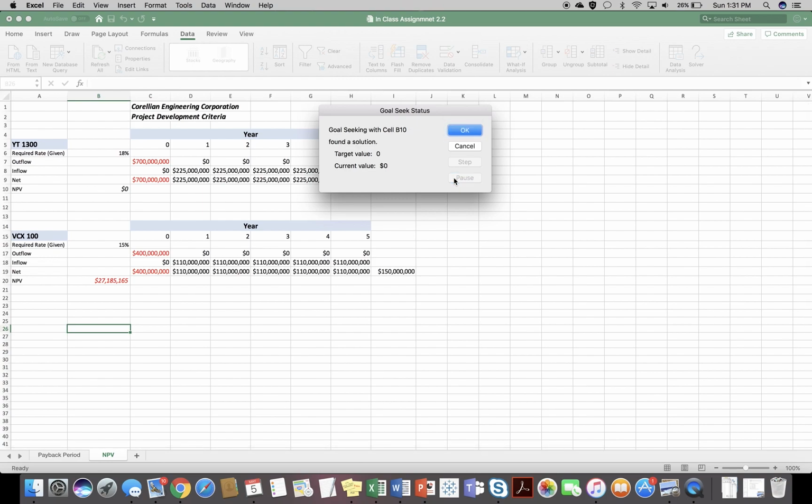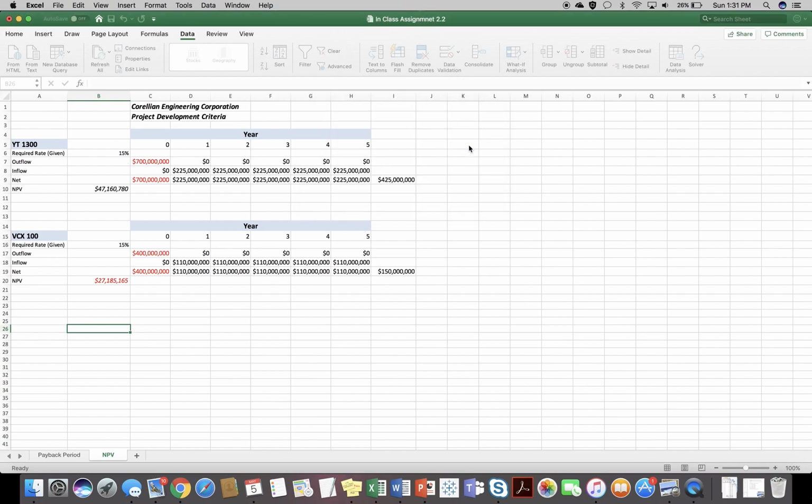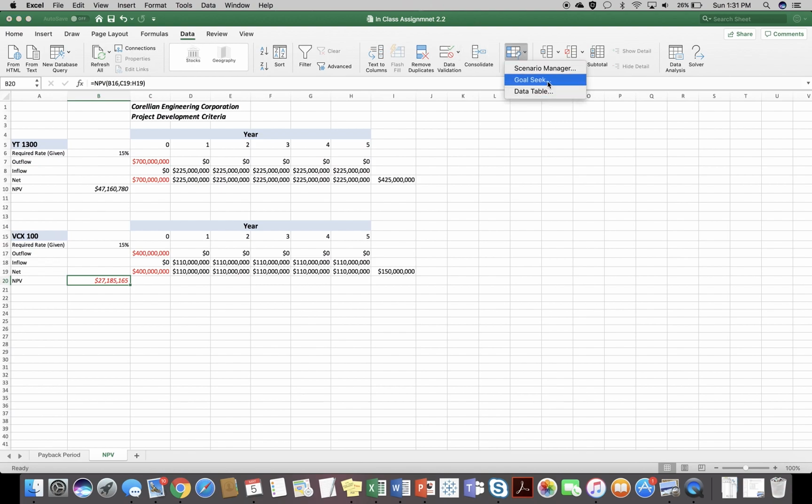So when we run through all of the iterations, we can see that this project is actually returning 18% rather than 15%. If we do it again for the VCX 100, again, that is Data, What If Analysis, Goal Seek.